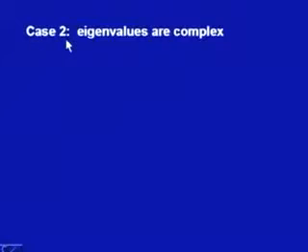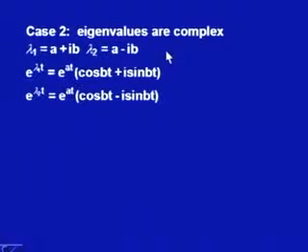In the next case, we consider that the eigenvalues are complex. When the eigenvalues are complex, we can write an eigenvalue lambda 1 as a plus ib, and since the complex roots of our characteristic equation always occur in pairs, the second, lambda 2, will be a minus ib. It is the complex conjugate of lambda 1.